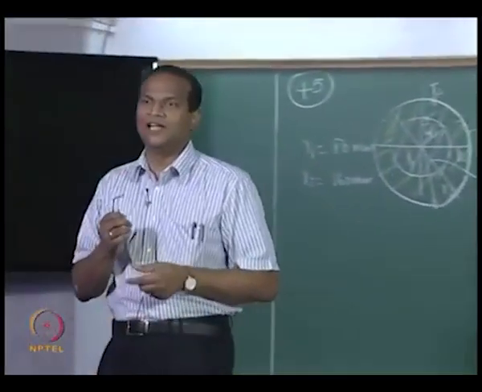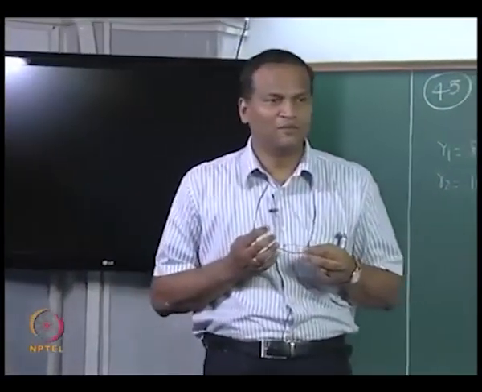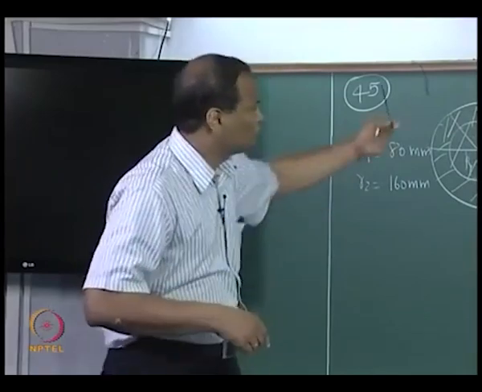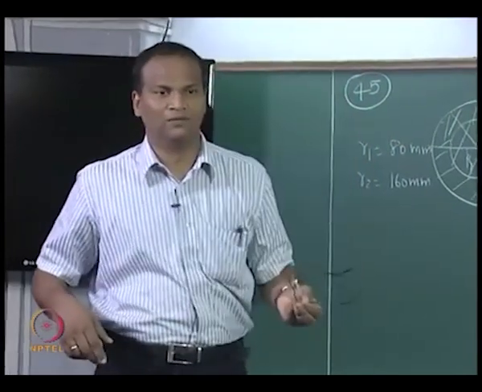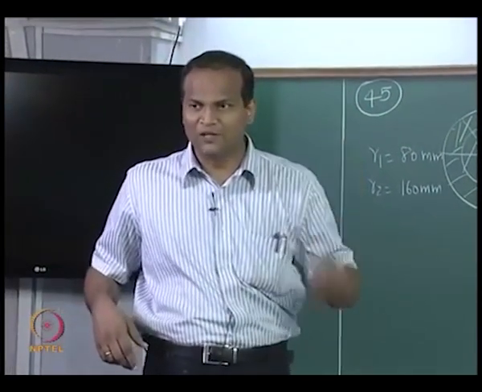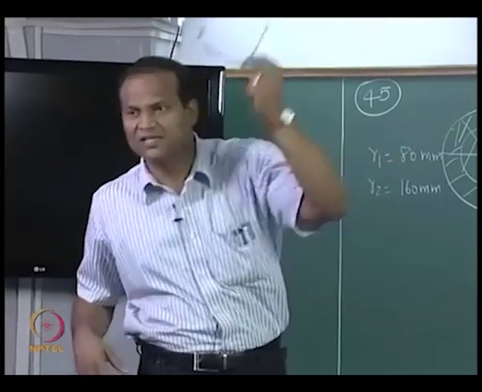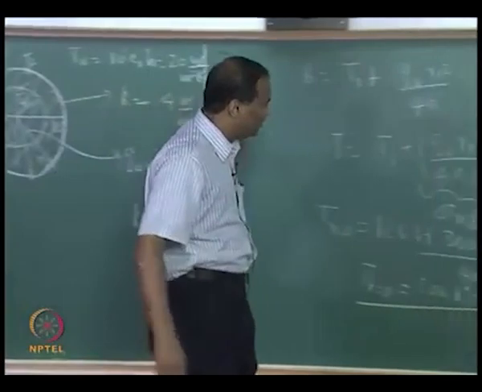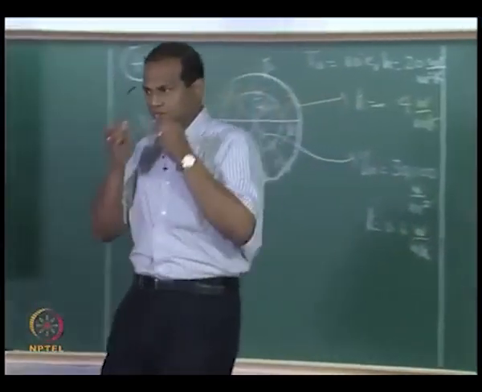If K is very high, you do not have very big issues, and most of T will be contributed by T1. If K is very small, most of T will be contributed by the second term. So there is a conduction convection coupling already happening in this problem.